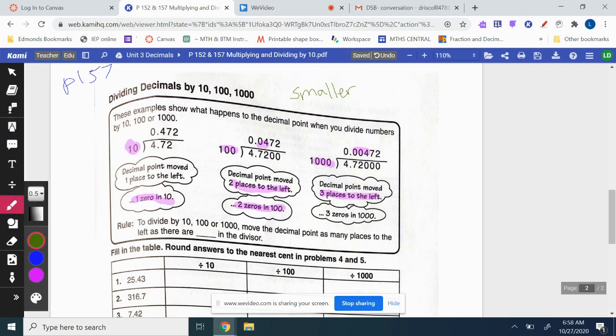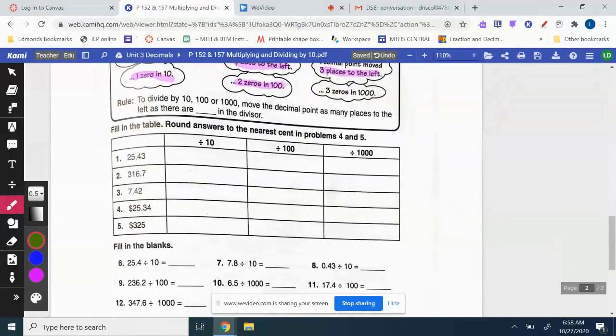Okay, so let's try this out. We're going to move it 1 space to the left. We're making the number smaller, so remember that. So I'm going to have 25.43, and I move my decimal to make my number smaller, and I move it 1 because I have 1 zero. So it becomes 2.543.